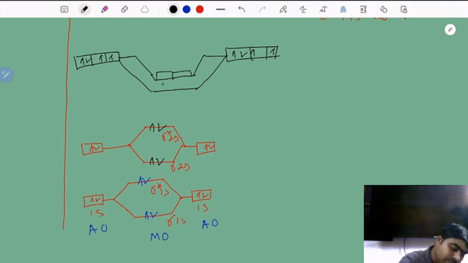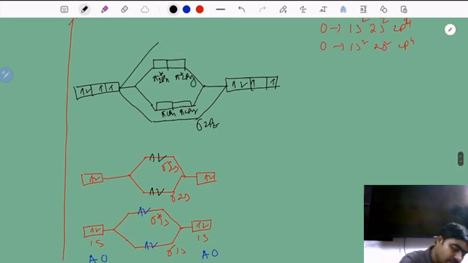This is pi 2px, pi 2py, and sigma 2pz, and similarly they make pi star 2px, pi star 2py, and last sigma star 2pz. Understand?